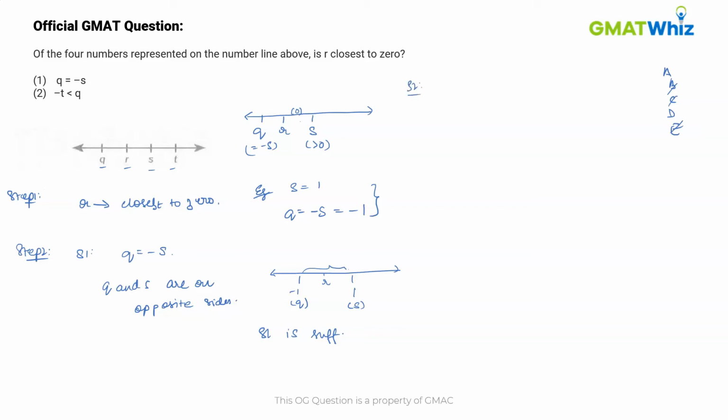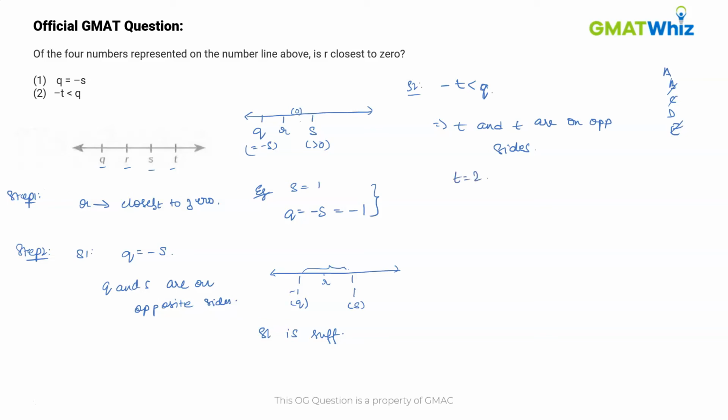Statement 2 tells us that minus T is less than Q. Now this will imply that T and minus T are on opposite sides. If this is not clear to you, let T be equal to 2.